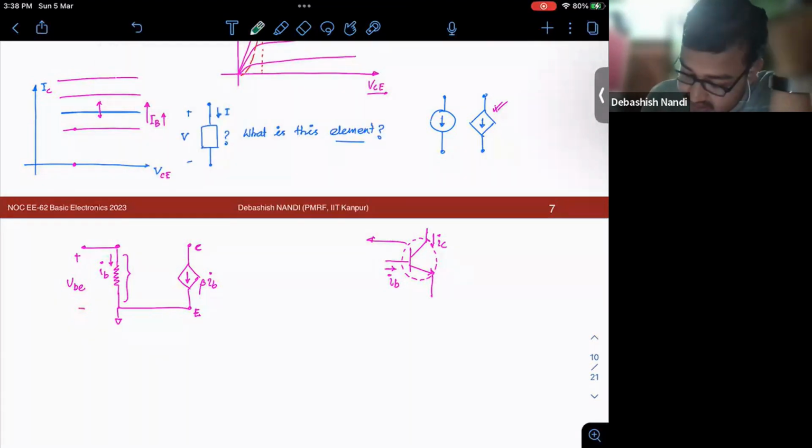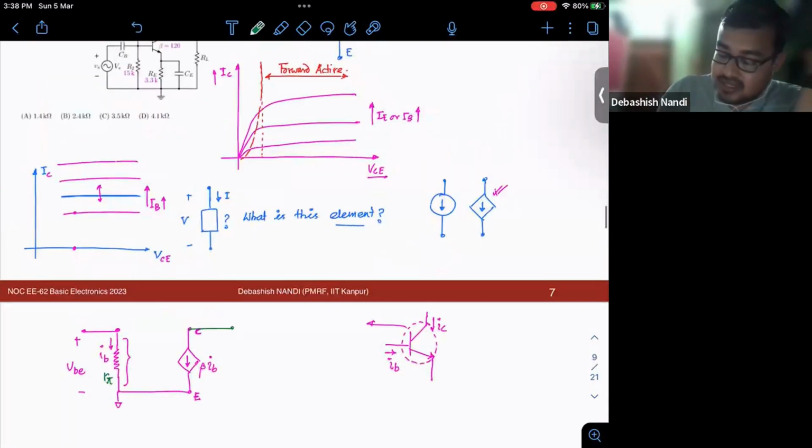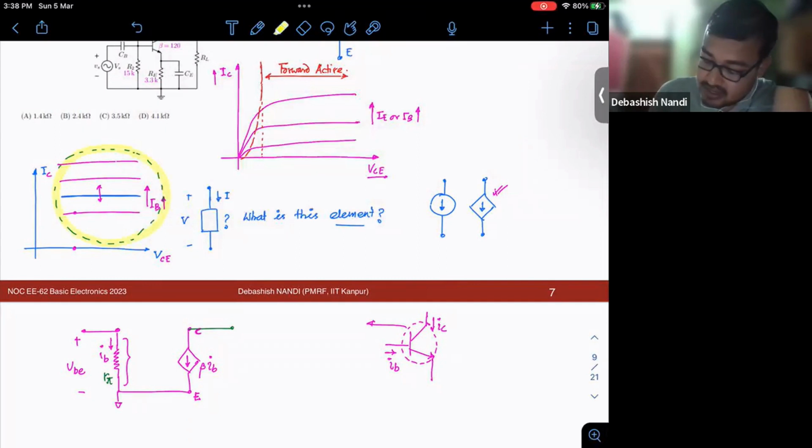Let us call this resistance R pi. So this is how I model this section.